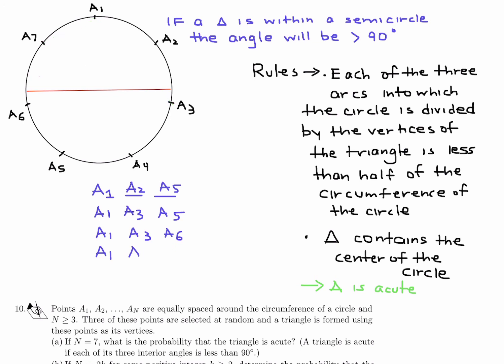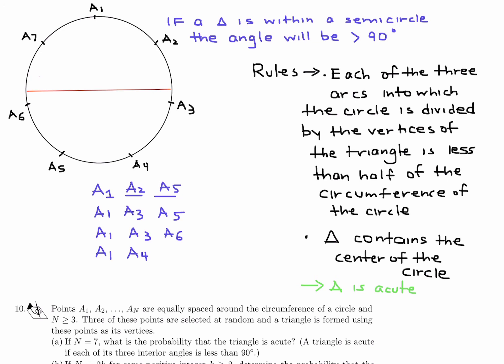All right, we exhausted the A3s. Now let's move to A4. So A4 and then what? A1, A4, and what's our next choice here? Well, we can't go back. We can't use the A3s and A2s because we've already talked about A2s and A3s.